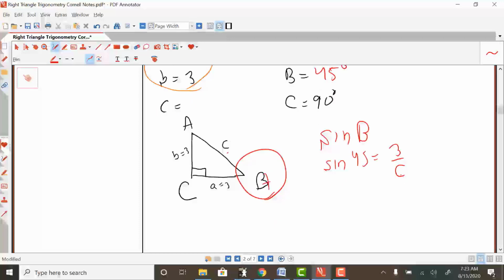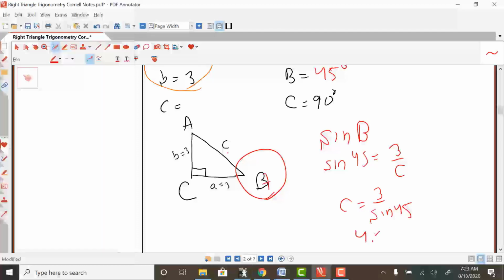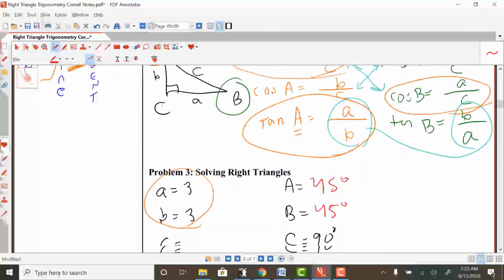So if it's in the denominator, you're going to divide. Don't forget those parentheses. 4.242 or something like that. 4.24.